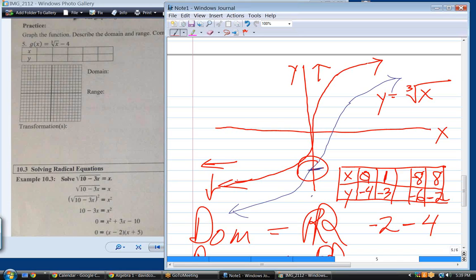And how about an x of negative 16? No, not negative 16. I didn't mean that. Well, let's see. What's a good value for x? How about negative 27?